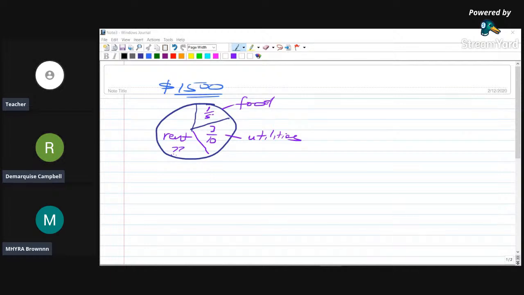So how can we work that out? Any ideas? You multiply? What are we multiplying?